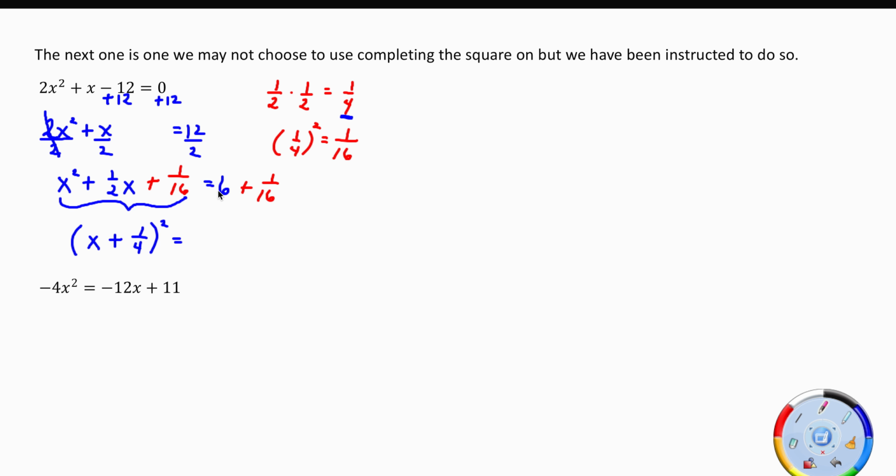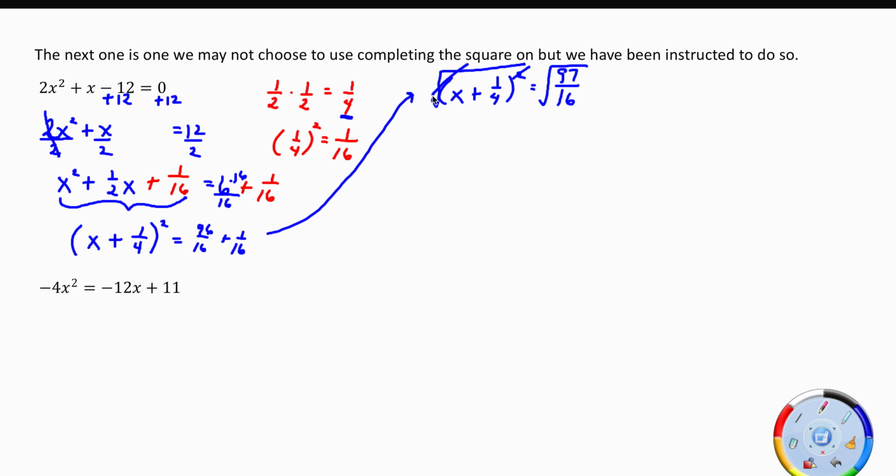Now I'm going to need to add these together, so I'm going to need a common denominator over here. Right? So that would be 96/16 plus 1/16, or x plus 1/4 squared equals 97/16.